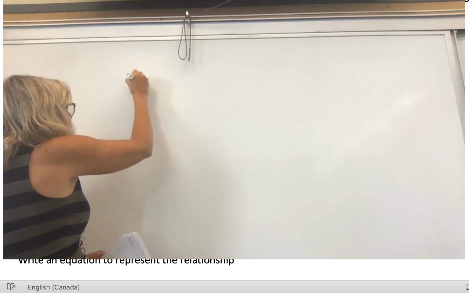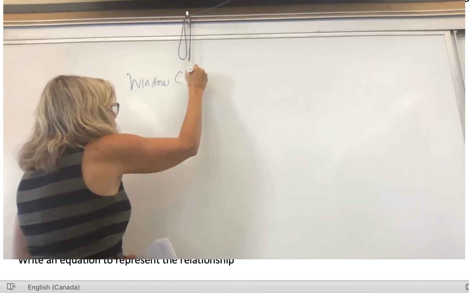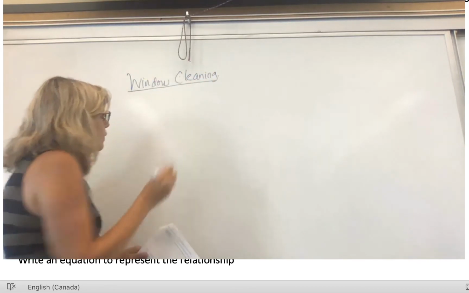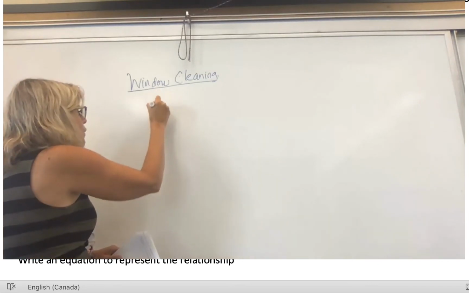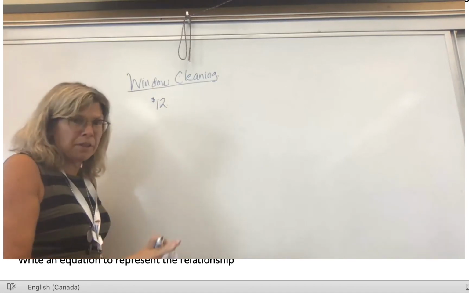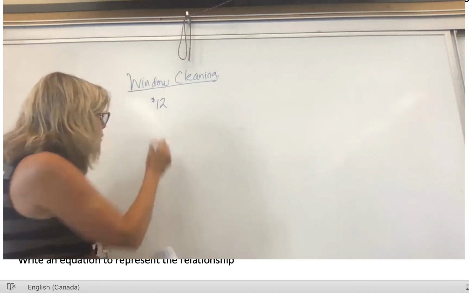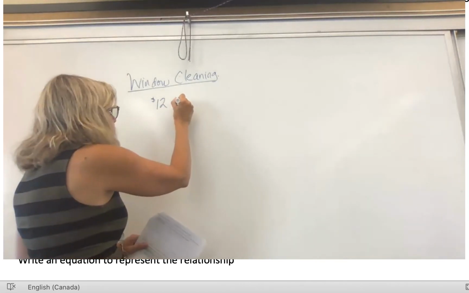So window cleaning, W. So he has a fixed cost of $12. This is flat. It comes every time, no matter what you do. If you have 5 windows cleaned or you have 100 windows cleaned, you're always going to pay this $12. And then plus $1.50 per window.